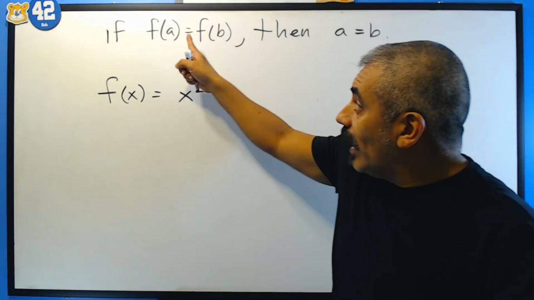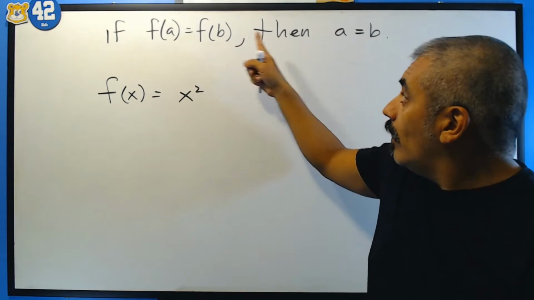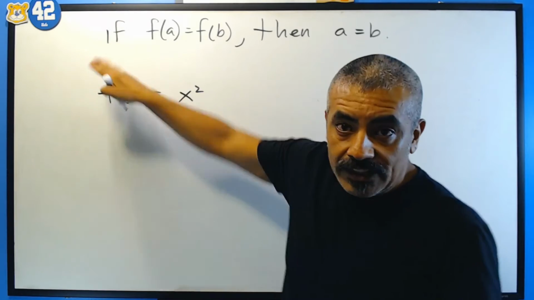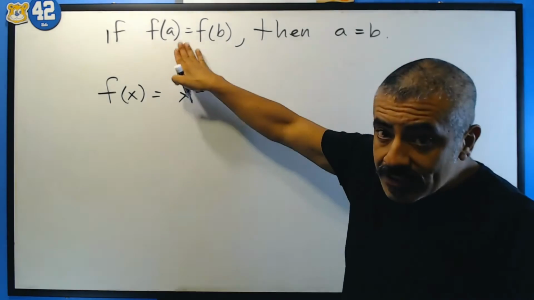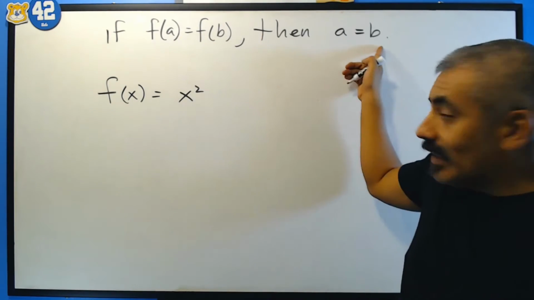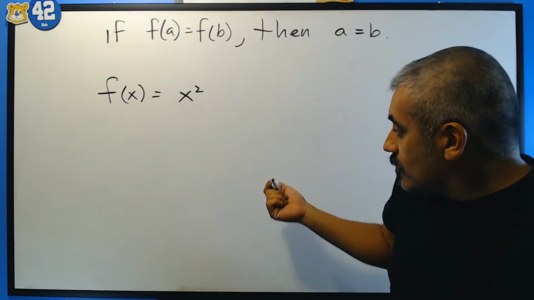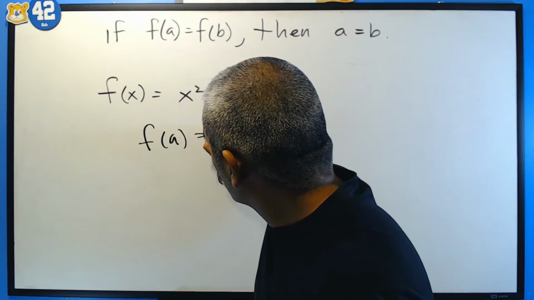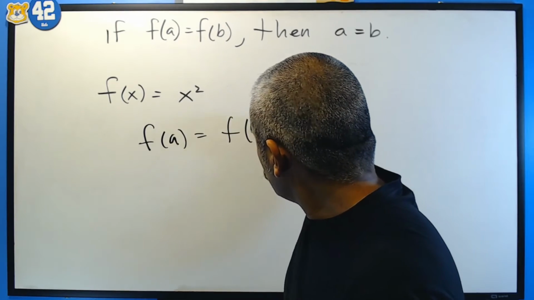If f of a equals f of b, then a equals b. So we're going to start with this statement because that's what they're giving us. They're giving us the if. If this is true, show me that this is true. Okay, that's good. Let's see. We're going to start with f of a equals f of b. That's what they gave us.